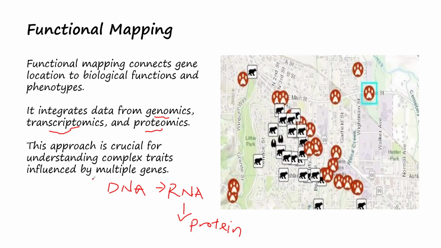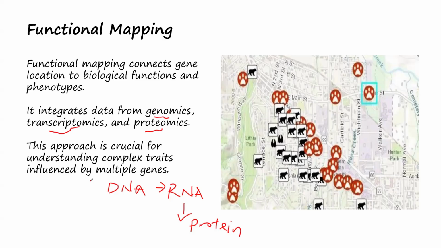In simpler terms, functional mapping is a type of mapping that tries to connect the location as well as the biological functions and the phenotypes. You can have a black color, and it may be as a result of your genes, which is melanin. So the melanin gene is responsible for the black color. The higher the concentration of melanin, the darker the color.